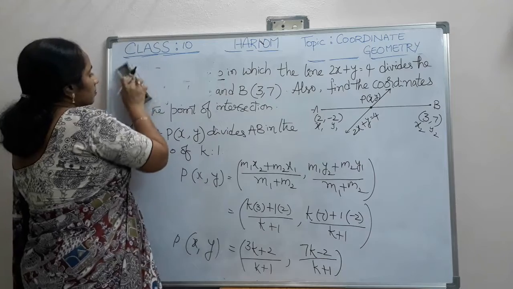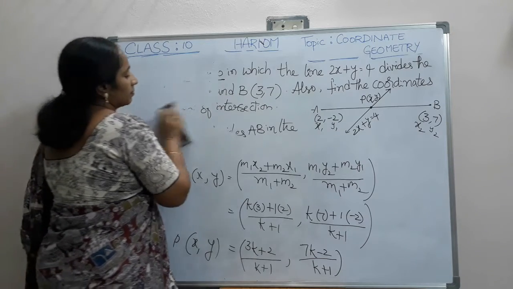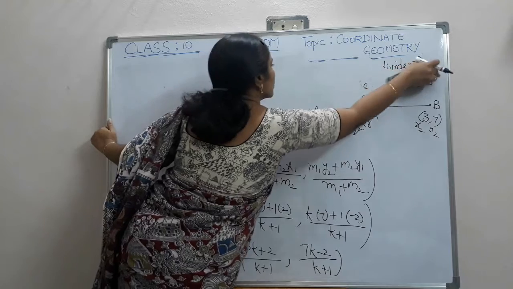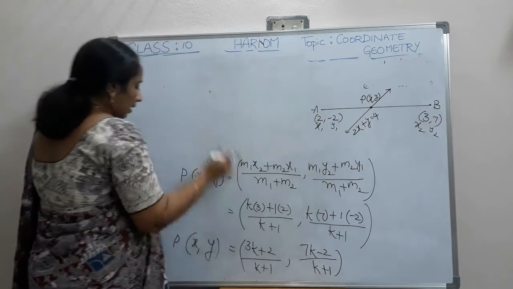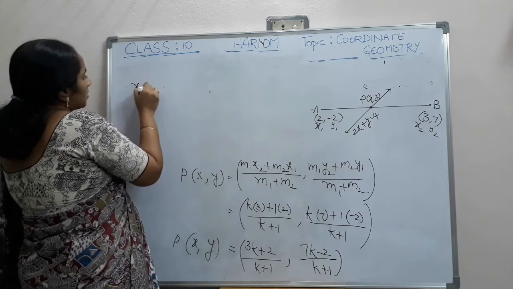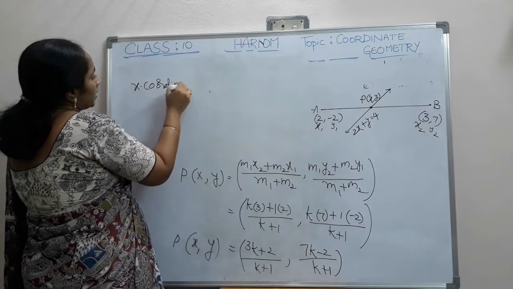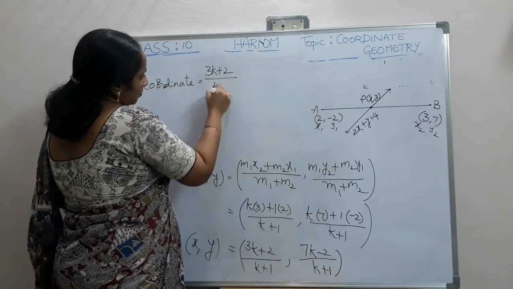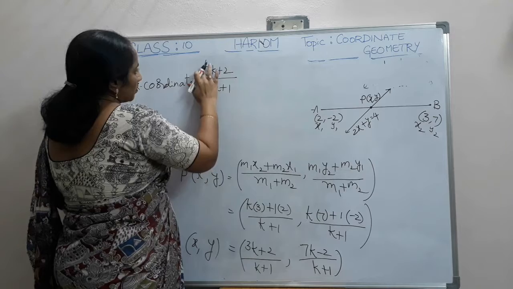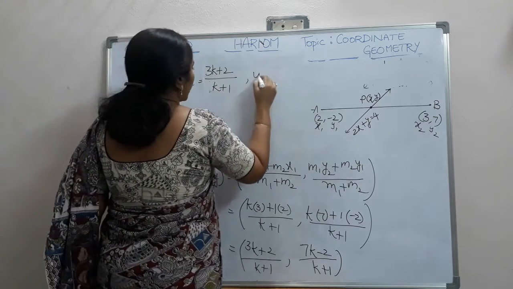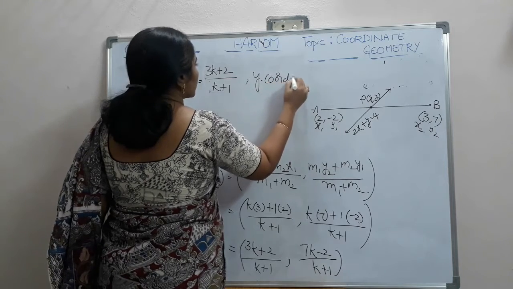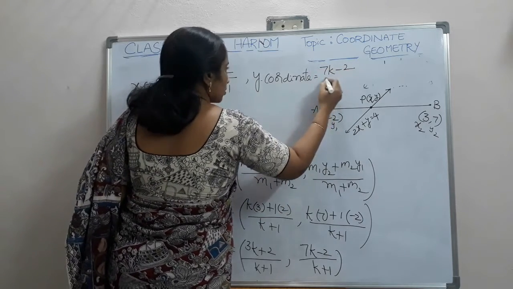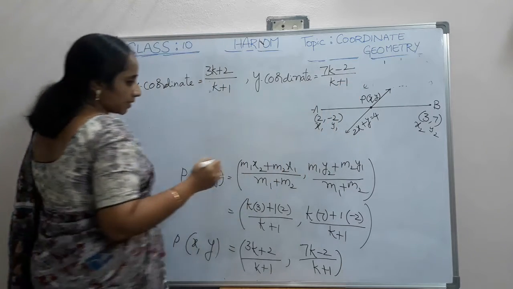Now the x coordinate is (3k plus 2) by (k plus 1), and the y coordinate is (7k minus 2) by (k plus 1).